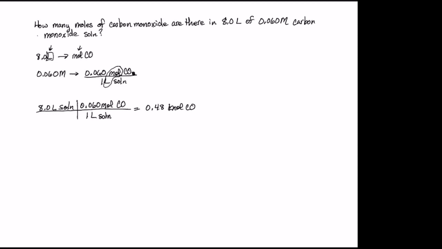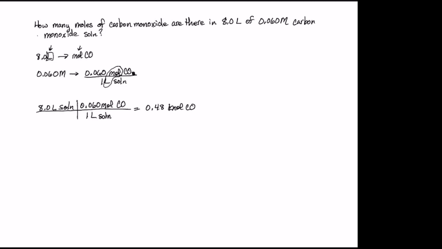8.0 has 2 significant digits because zeros at the end of the number after a decimal are significant. The 0.060 also has 2 significant figures because zeros at the end of the number after a decimal are significant, whereas zeros that precede the first non-zero digit are not significant.